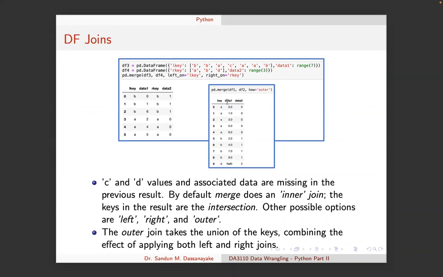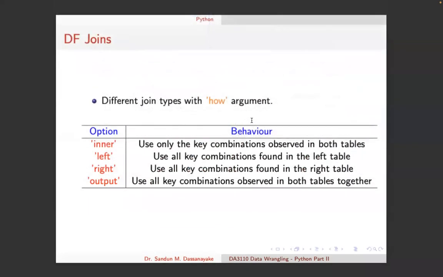What do you mean by outer join? What do you mean by outer and what do you mean by inner? Let me come to that. I'll show you some outer connection here. So these are the 4 operations: inner, left, right, and outer.